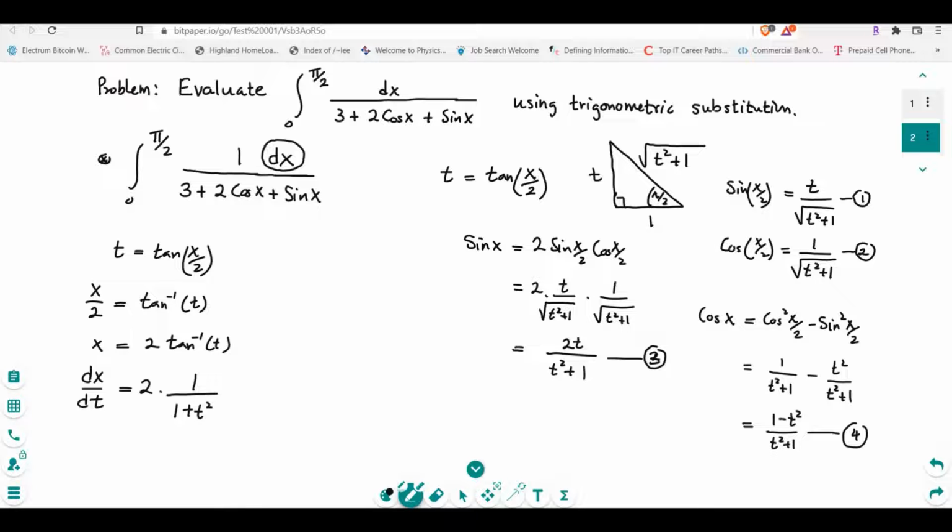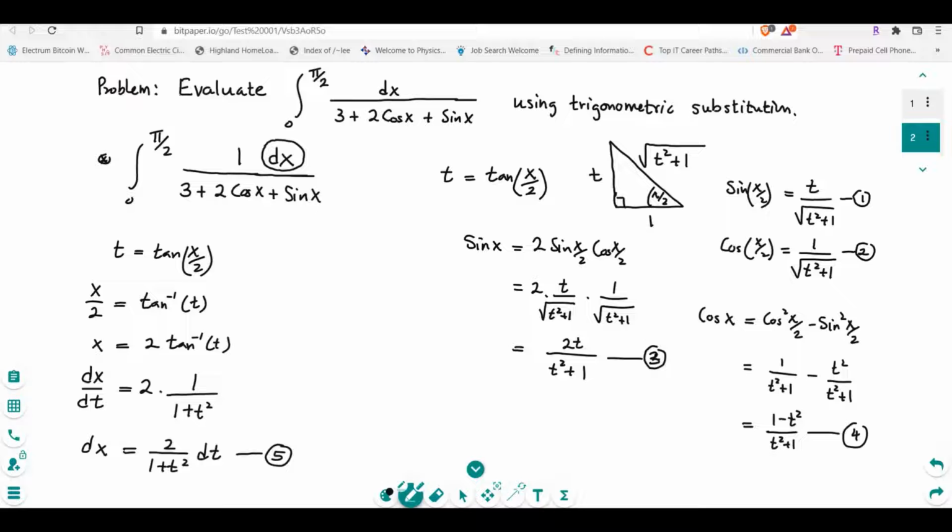Okay, so then from here you have dx, that is our original differential, equal to 2 over 1 plus t squared times dt, the new transformed differential in terms of t. So we are going to use this along with number 3 and number 4. I will call this number 5.